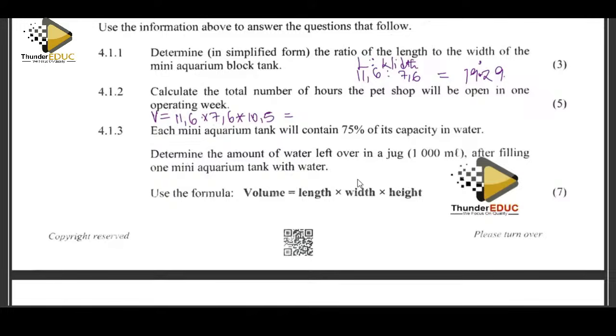Here the answer we get is 925.68 centimeters cubed, which is the same as milliliters. The reason I'm changing to milliliters is that what I'm looking at is milliliters. Now this is the full capacity, but we're looking for 75%, so we multiply by 75%.